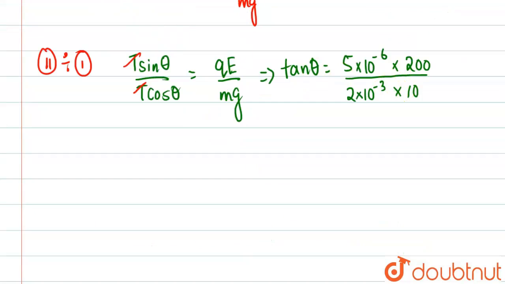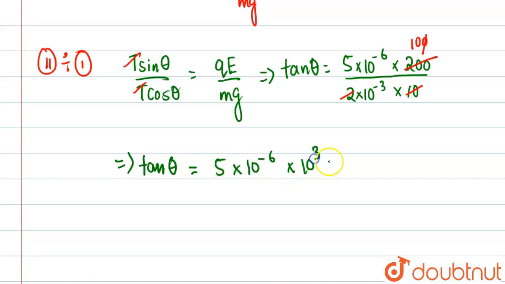If you see properly, this 2 will get cancelled with this 200 and leave 100 over here, and this 10 will get cancelled with this 10. Finally, tan theta will be equal to 5 into 10 to the power minus 6 into 10 to the power 3 into 10.